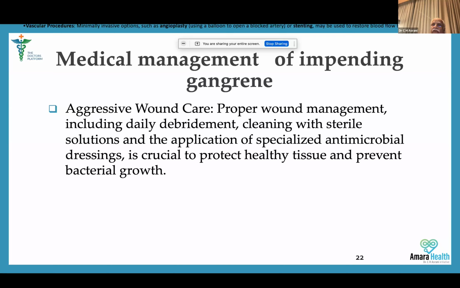You have to learn proper debridement because here you need to keep removing dead tissue and salvage the tissue. Proper wound management, daily debridement, cleaning with sterile solutions, and specialized antimicrobial ointments to make an attempt to heal it, avoid amputation.